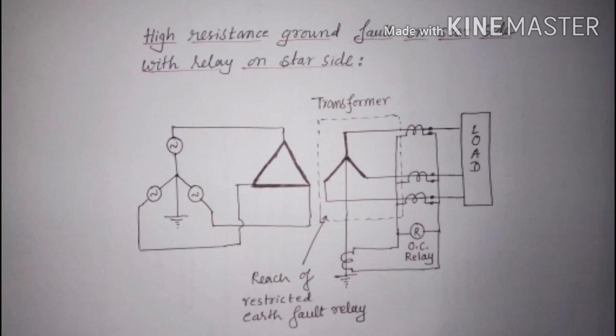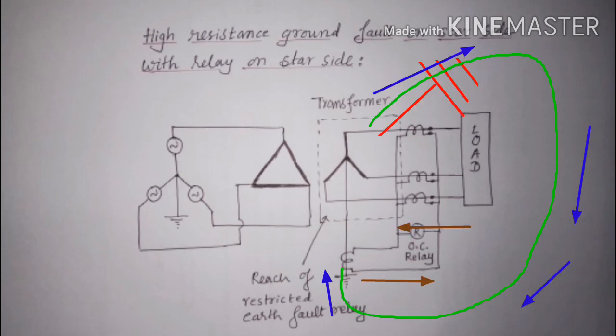If a phase to ground fault occurs between the transformer and CTs, in that case, there will be no current flowing through the CTs connected to measure current in the lines, but the fault current flows through the neutral. Hence, the CT connected in the neutral measures the fault current.